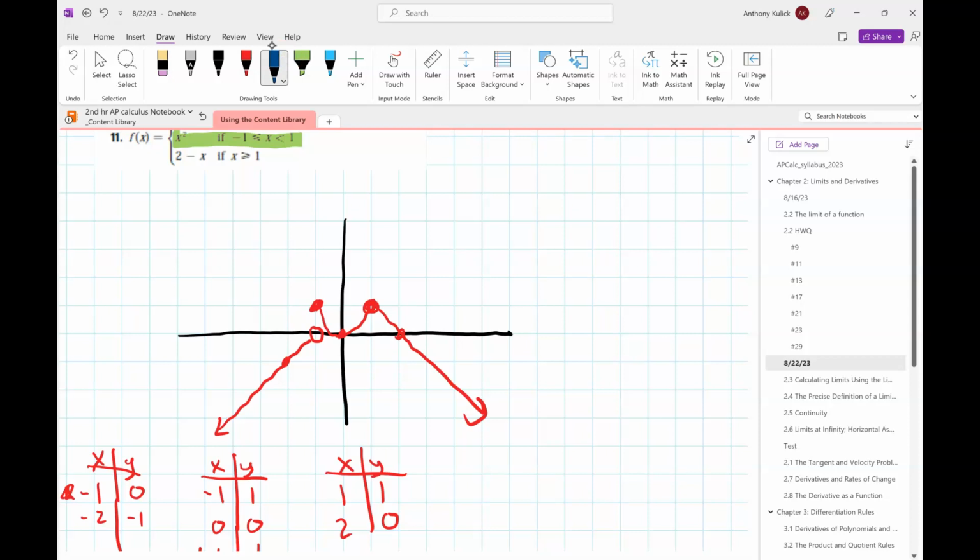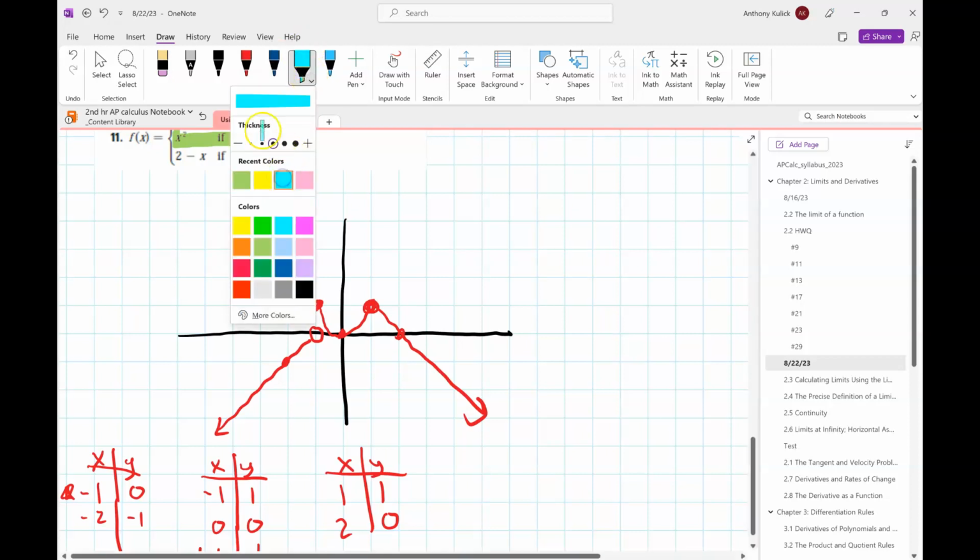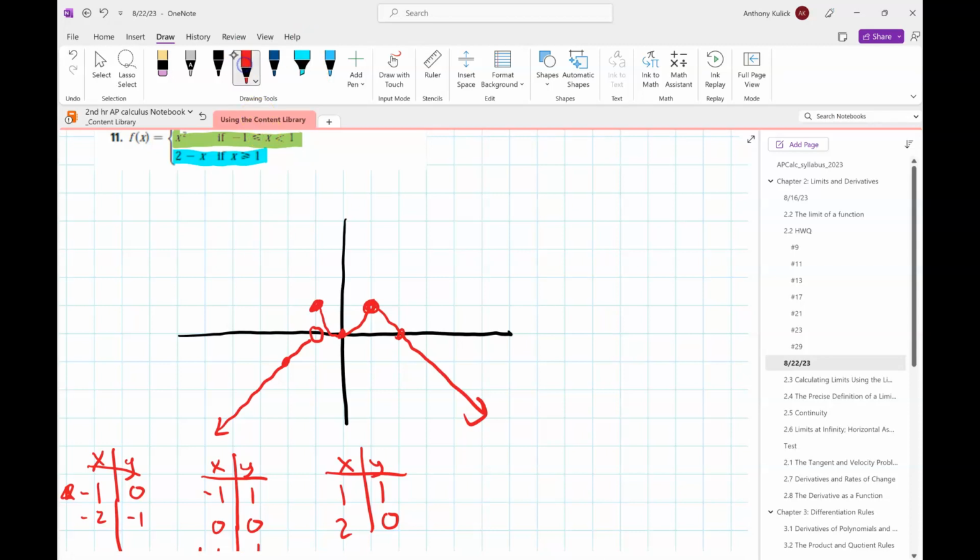So now what it's asking me for is what are the values of A where this limit would fail to exist for this function. So basically what I'm going to be looking for here is a jump discontinuity. I need a situation where the graph from the left end goes to one value and from the right end goes to a different value. The only place that happens is right here at -1.